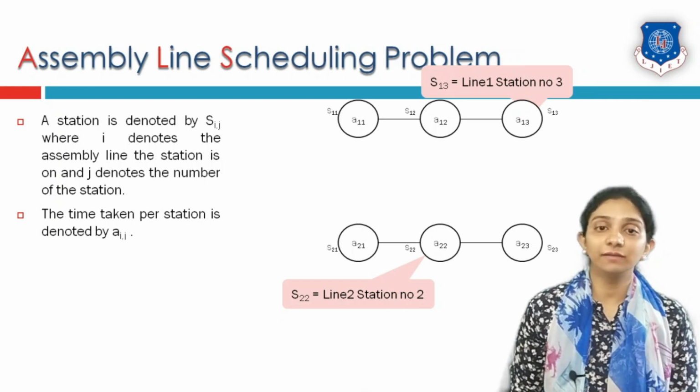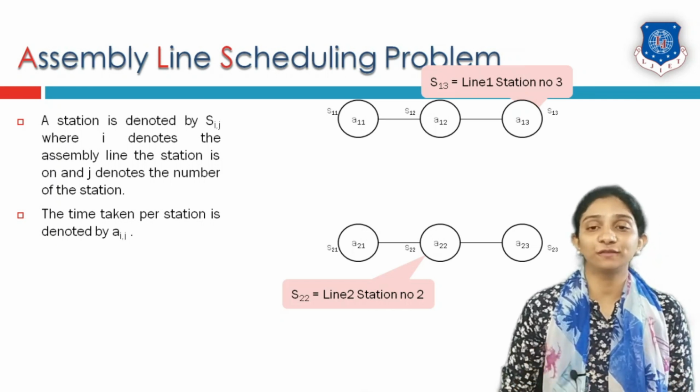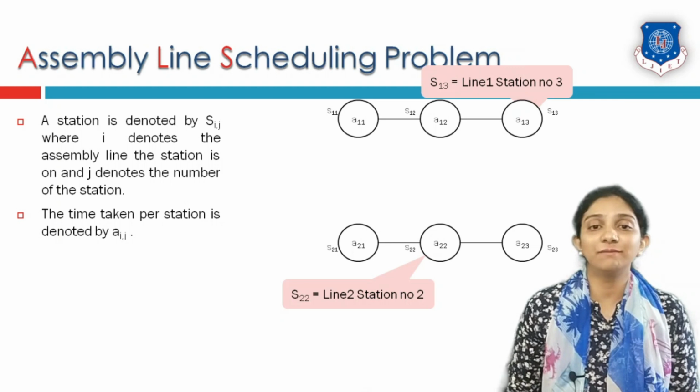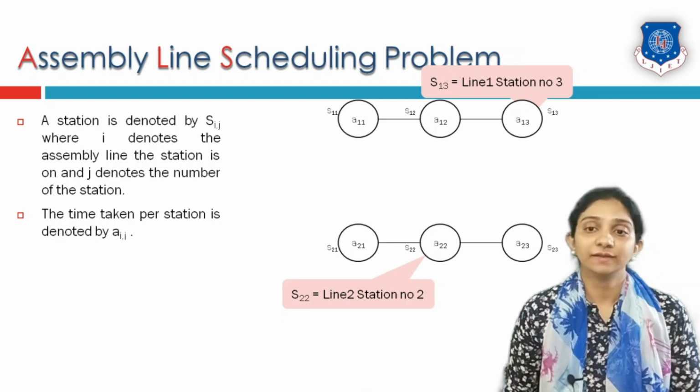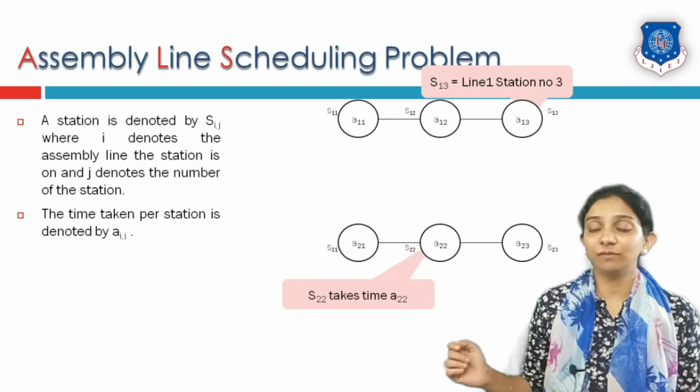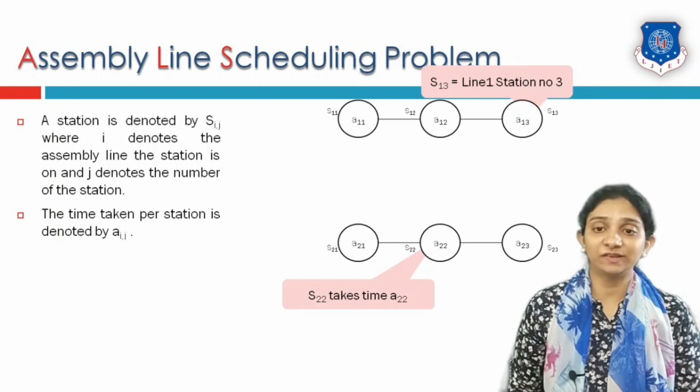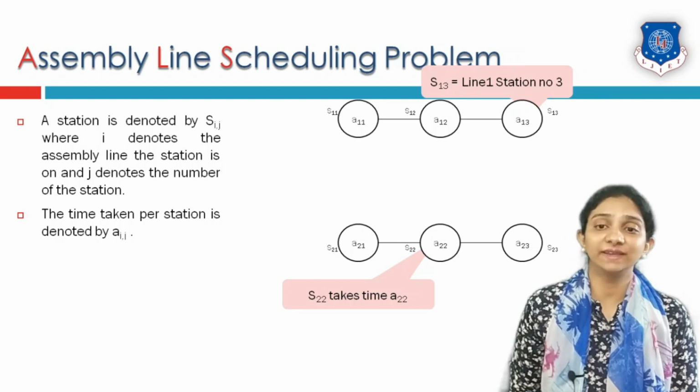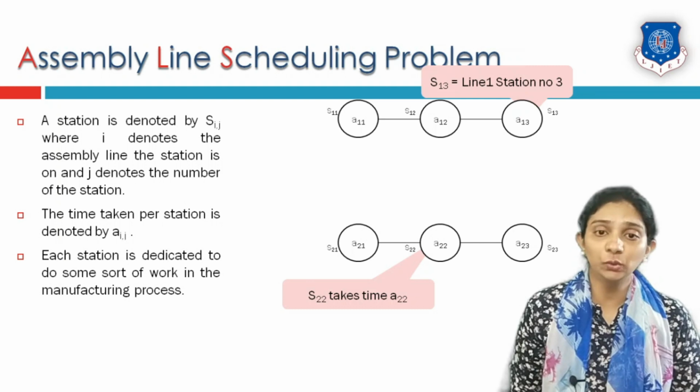The time taken by each station to process a good is given by A of i, j. That is, the time taken by S of 2, 2, line 2 station 2, is A of 2, 2.